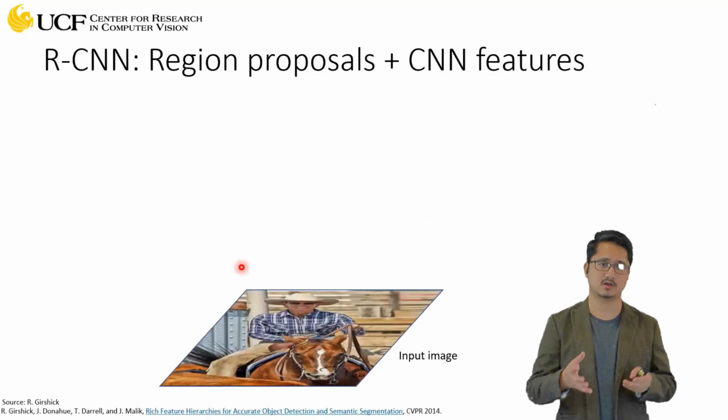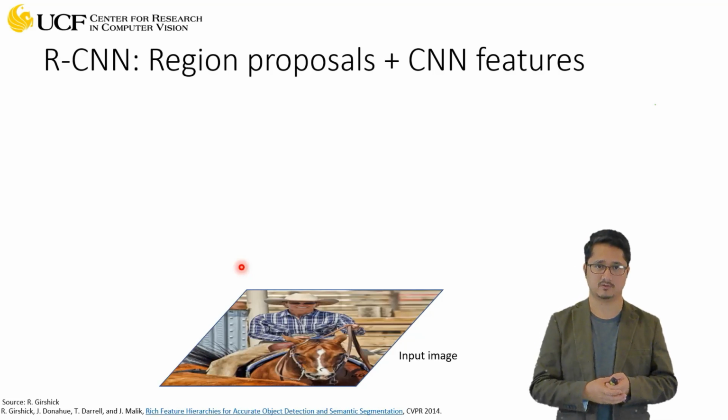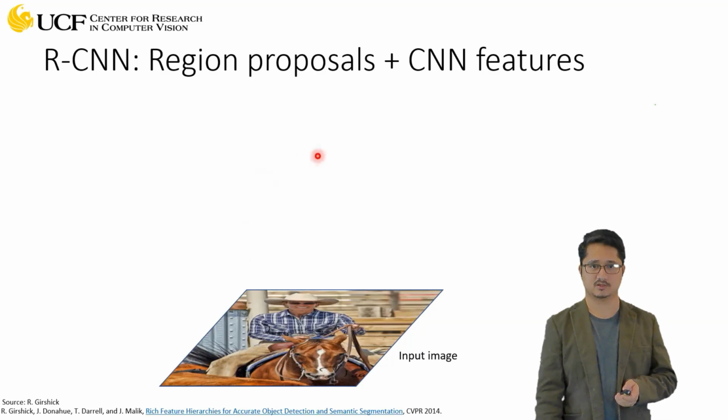Now let's try to understand how that can be used in this deep learning architecture. And of course, there are some limitations which we'll cover later on. So this architecture is called RCNN, and R is for region proposal network, and CNN is for convolutional neural network.